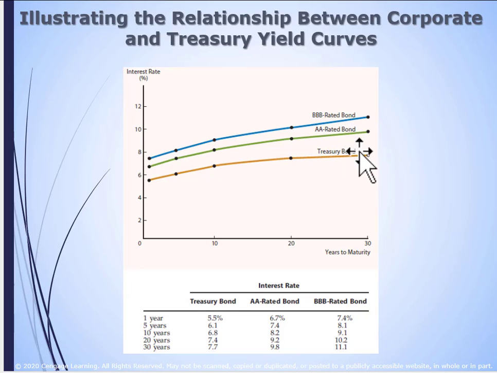The difference here is what's referred to as the spread. So if you could buy a United States Treasury bond, let's go down here at 20 years, you'd get 7.4%. 9.2% is what you'd get for the AA rated bond. The difference between them is 1.8%. That is the spread. Why the difference? The difference is because of risk.